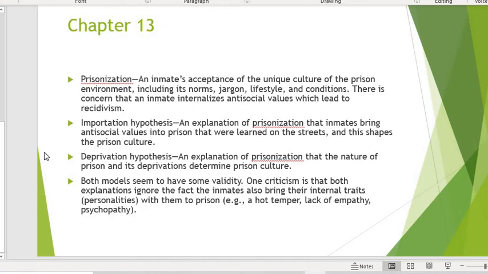But the other contrasting hypothesis is called the deprivation hypothesis. According to this, prisonization is the result of prison being a hard place. There are deprivations. We talked about all the things that you go without. You lose your freedom, your family, your connections, heterosexual relationships, a lot of the nice things that you get to enjoy in the free world.